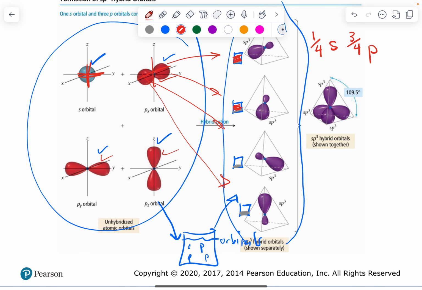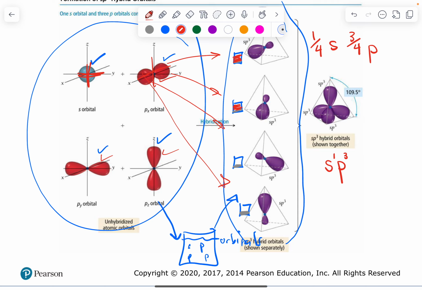The way we label these is we say however many parts there are. So there's 4 parts total because we started with 4 orbitals. We label that with a superscript. So it would be like S, there's only 1 part S contributed because we only mixed in 1 S orbital. And then there's 3 parts P contributed because we mixed in 3 P orbitals.